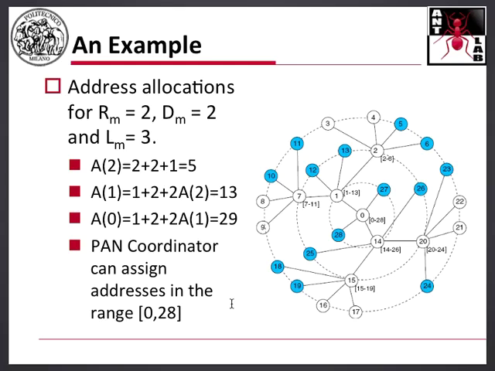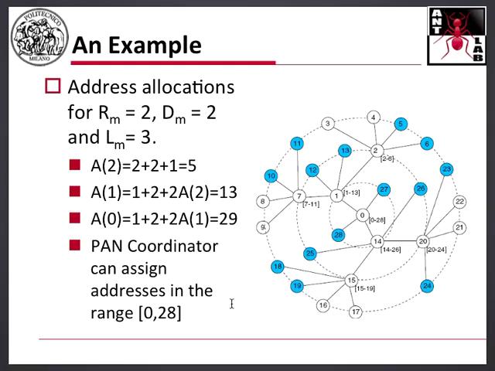The answer is yes. However, the blocks of addresses are always assigned according to the parameters R of m, D of m, and so on. Which means that you can have a node which has, for example, one router less than another node, but still this node has the same number of addresses available for assigning new nodes.